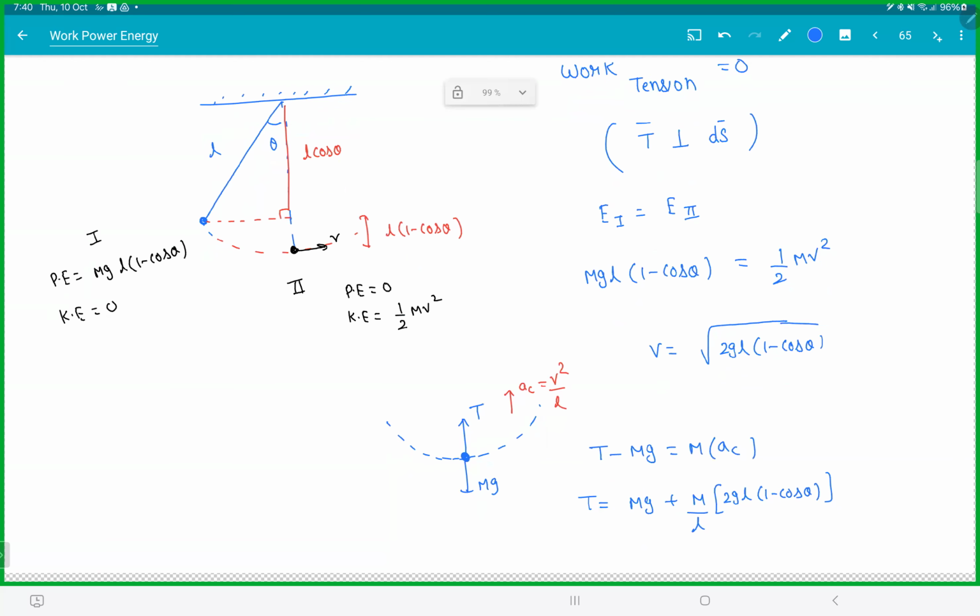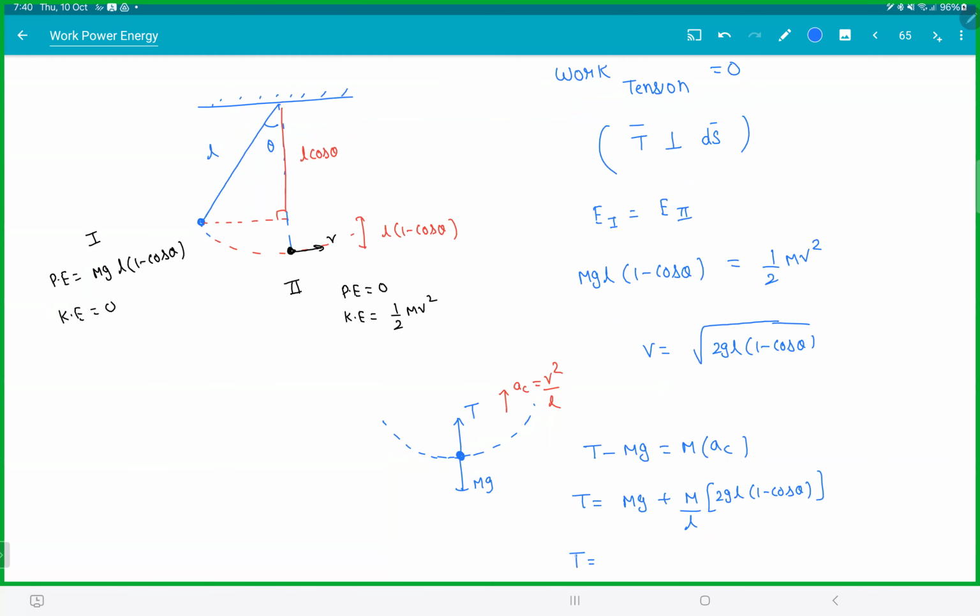So the tension will end up to be 3mg minus 2mg cos theta. I can just take out mg common: mg(3 minus 2 cos theta).